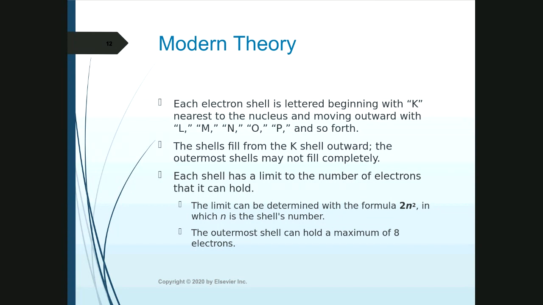K shell typically is full because it can only hold 2 electrons, but on an outermost shell, typically a maximum of 8 electrons can exist in the outermost shell of any atom, and that is called the octet rule. Some of the inner shells can actually hold more than 8 electrons, okay, like K holds 2, L maxes out at 8, M actually maxes out at 18. And again, I'll show you that. So 2, 8, 18, N can hold 32.